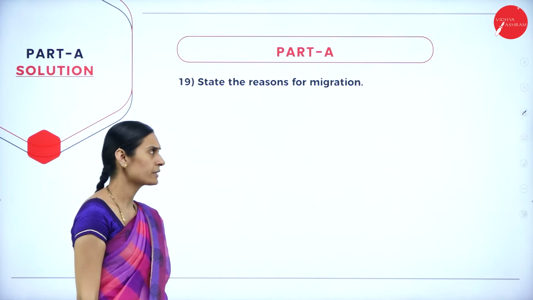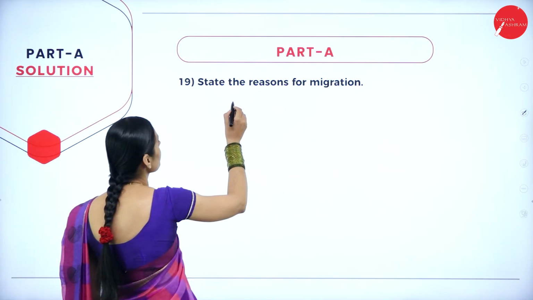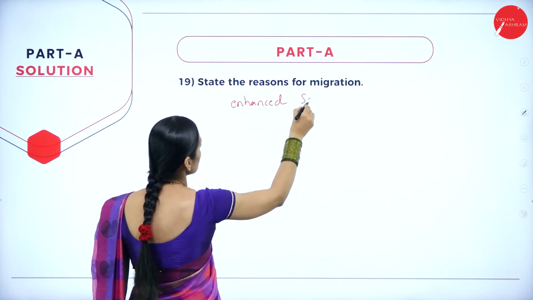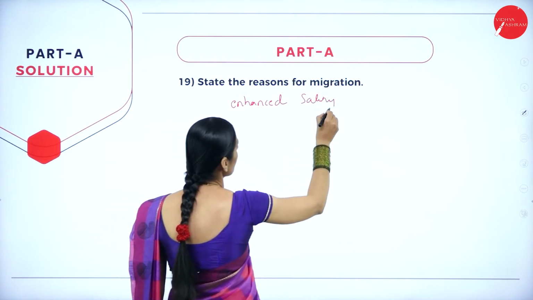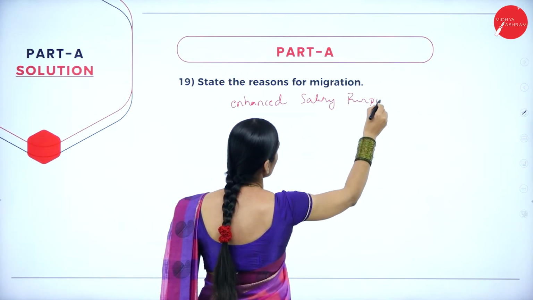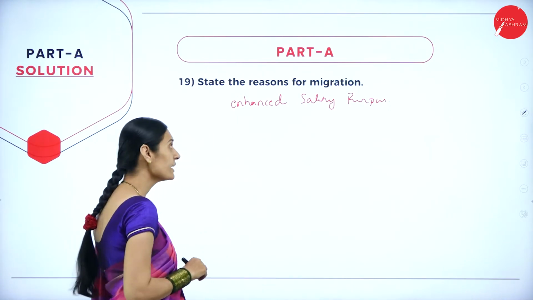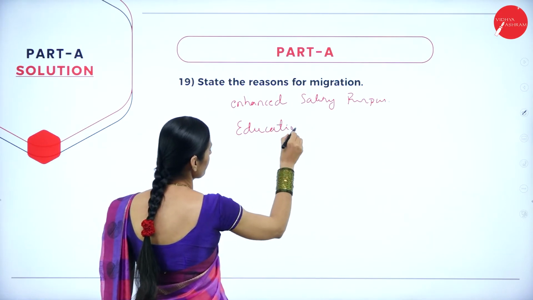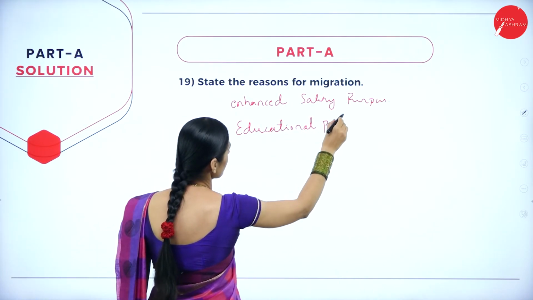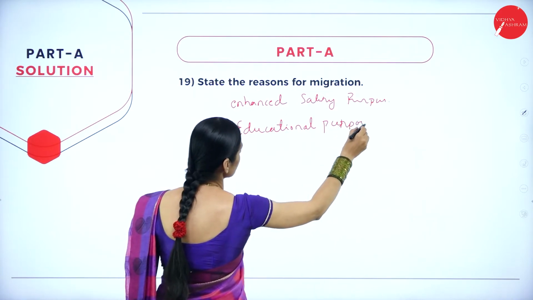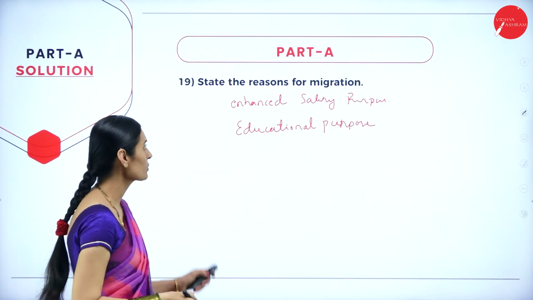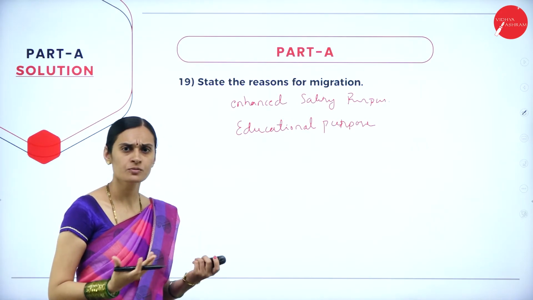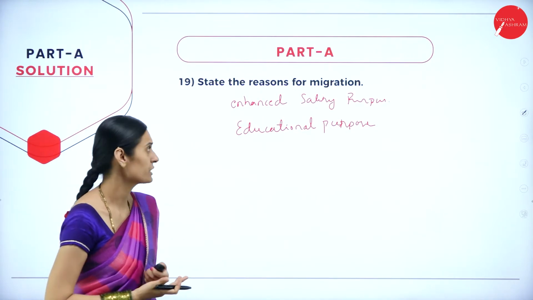It is for enhanced salary, and next, for educational purposes. So there are two important reasons: enhanced salary and education, or so many reasons behind migrating from one place to another.